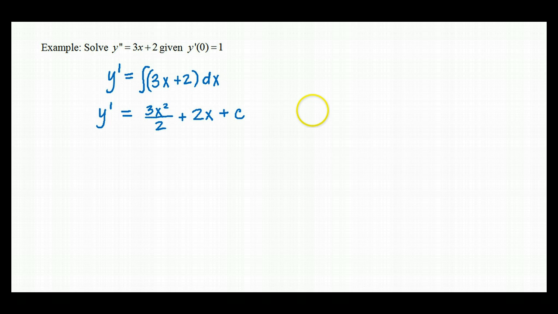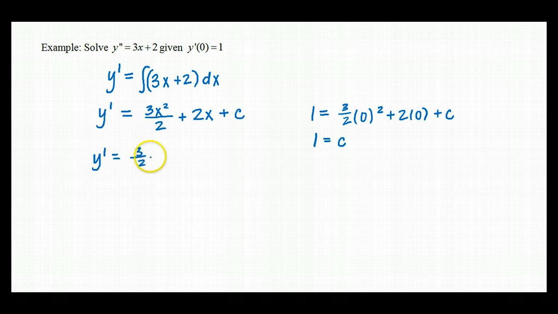So working off to the side here, 1 has to equal 3 over 2 times 0 squared plus 2 times 0 plus c. Everything except the c on the right side goes away, so c equals 1. So that must mean y prime equals 3 over 2 x squared plus 2x plus 1 is our specific solution to this differential equation.